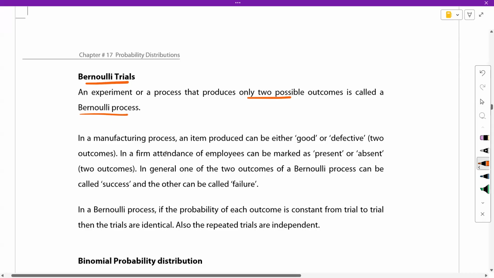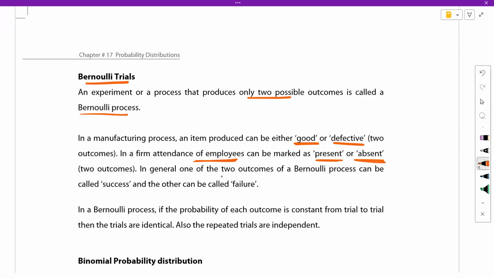For example, in a manufacturing process, an item produced can be either a good product or defective. There are only two outcomes. In a firm, attendance of employees can be marked as present or absent on that day. So two outcomes.